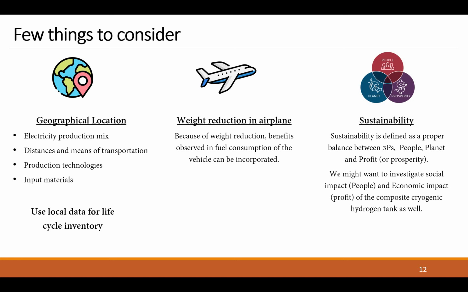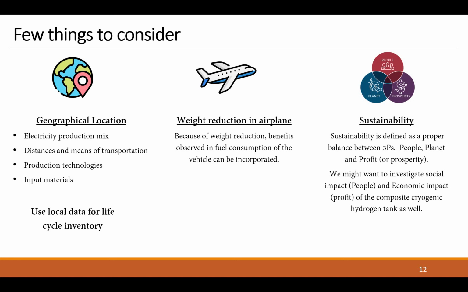Developed countries sometimes have very advanced production technologies which help them reduce this environmental impact, but which might not be available in every other country around the world. So we have to consider all these aspects. That's why geographical location is very important while performing an LCA. So we should always use local data while we are doing the inventory analysis.